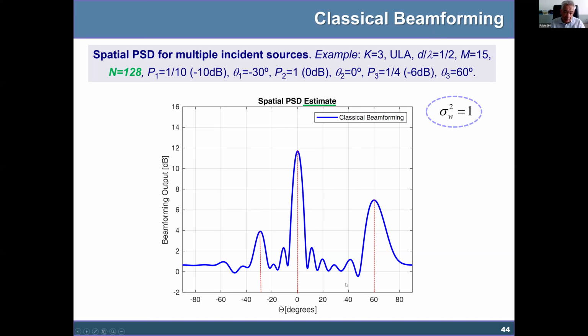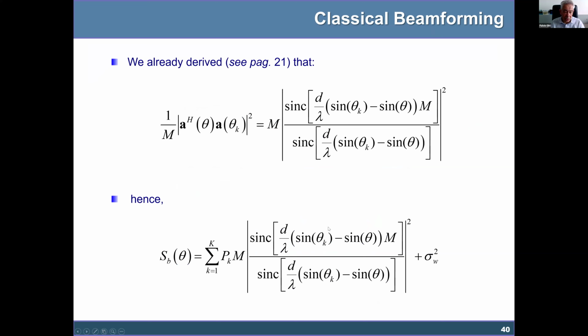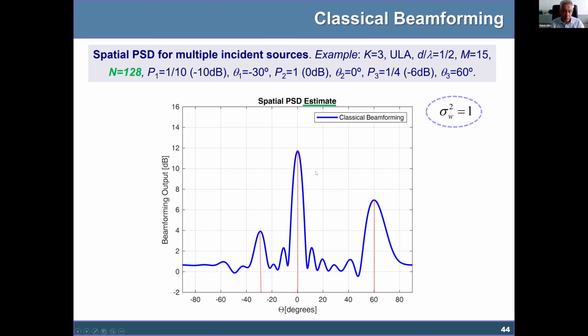So this is the equivalent of the average periodogram that we get if we average over 128 temporal snapshots. As you can see, the estimate is very good because this is very similar to this other one. The position of the peak is the same. So N is 128.